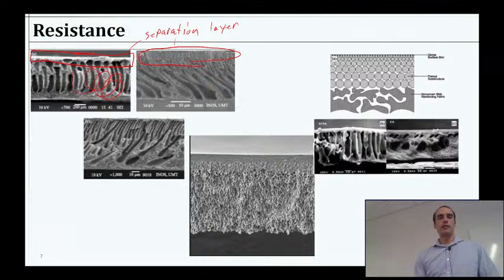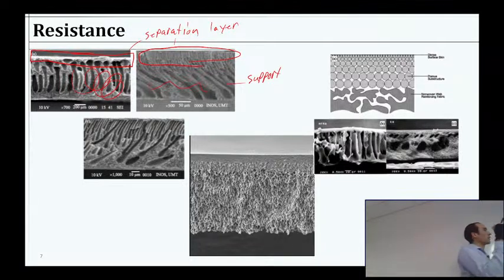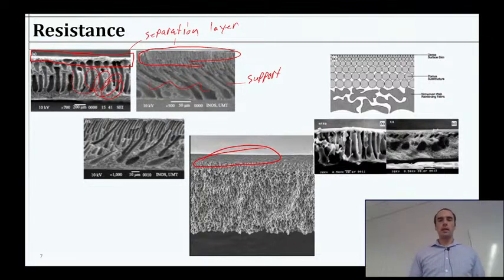And everything else down here is sort of the support. So it's a way to kind of hold that separation layer together and allow it to withstand the pressure that's going to be applied to it. Okay, so we see different ones. Even right here is a very fine separation layer. It kind of looks like nothing could get through it in some sense, and so on.